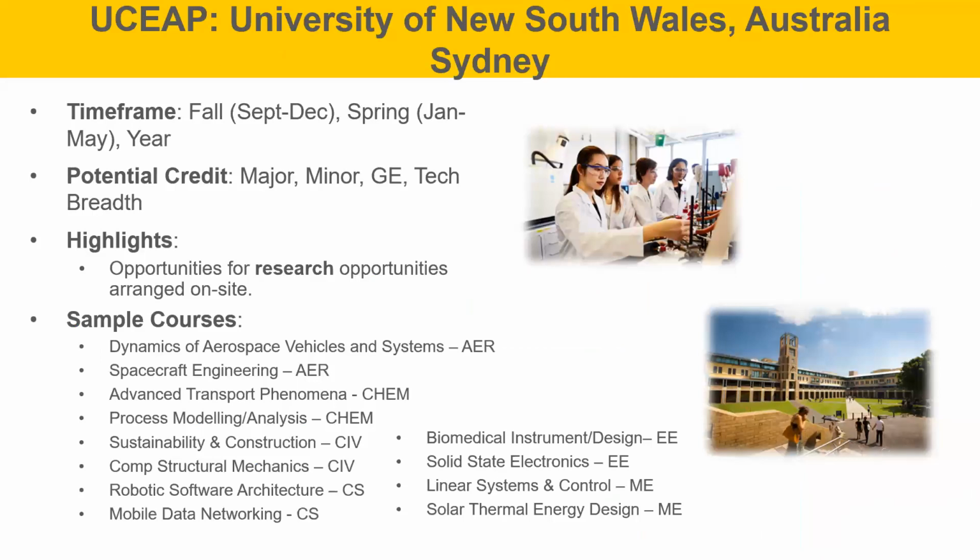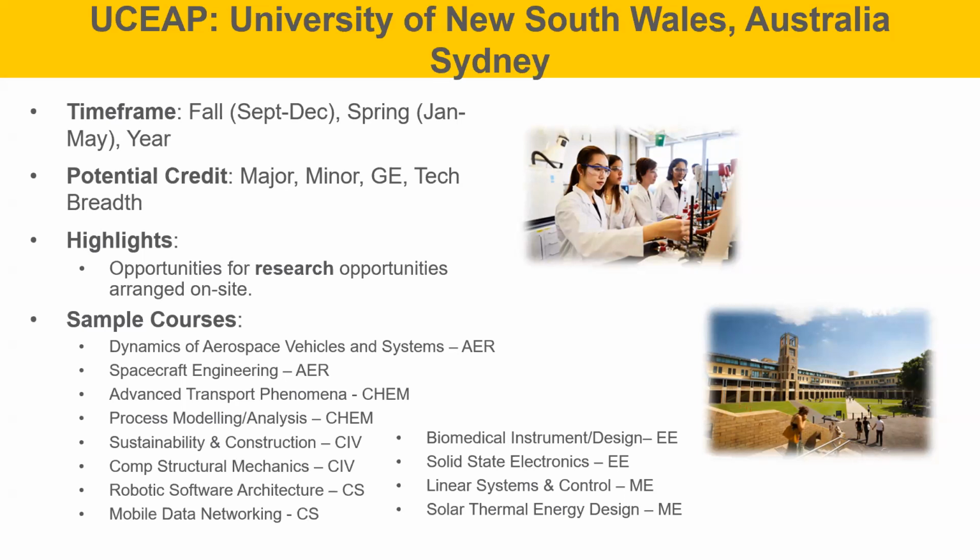One of the suggested countries would be Australia, in the great city of Sydney, in the southeast, and the university is the University of New South Wales. Here you see a listing of courses that students have taken in the past. Most of these courses have been upper division, about 4 to 5 units.